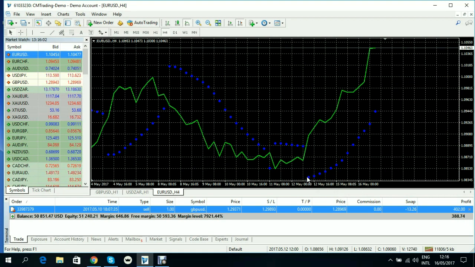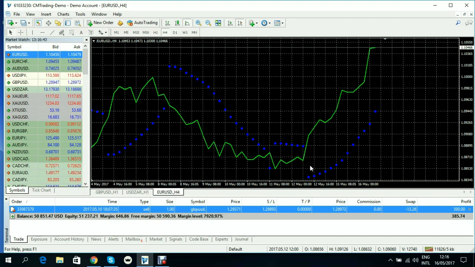So if you see the dot, then you place your trade, and then you allow it to run. So that is how you enter a sell trade using the parabolic dot, and that is how you enter a trade for a buy trend using the parabolic dot.